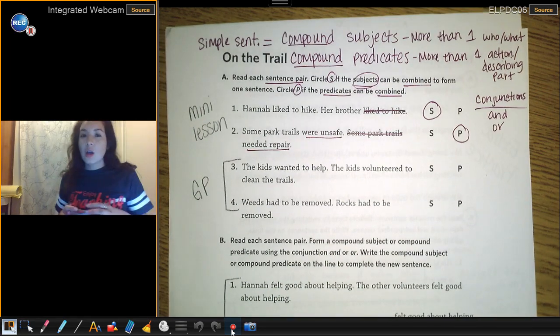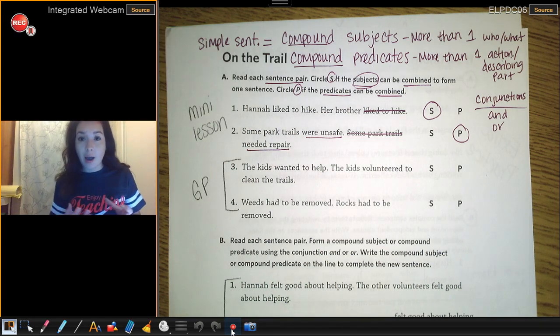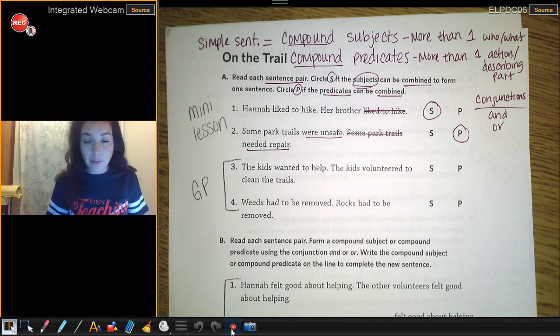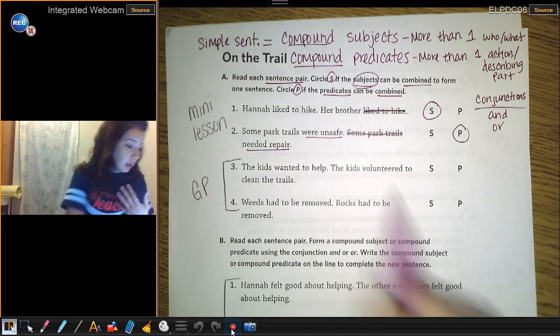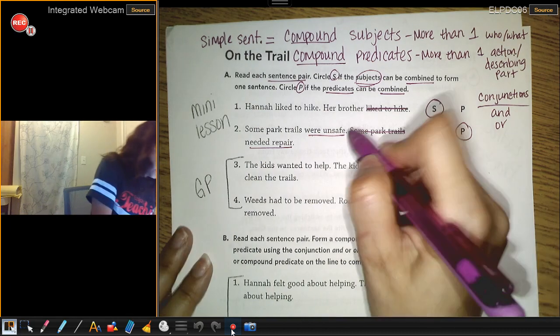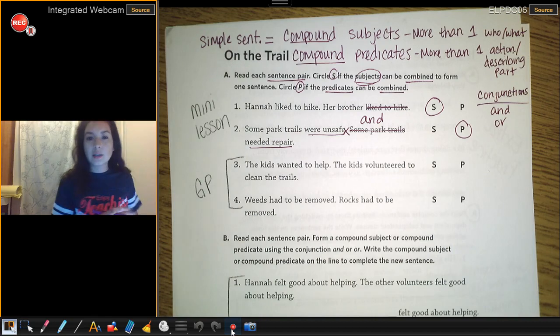So when we're writing sentences, if we have one subject, like some park trails, and two things are describing it, like were unsafe and needed repair, then we can combine those. So we could take this out, just add an and and we're ready to go. Okay, some park trails were unsafe and needed repair.